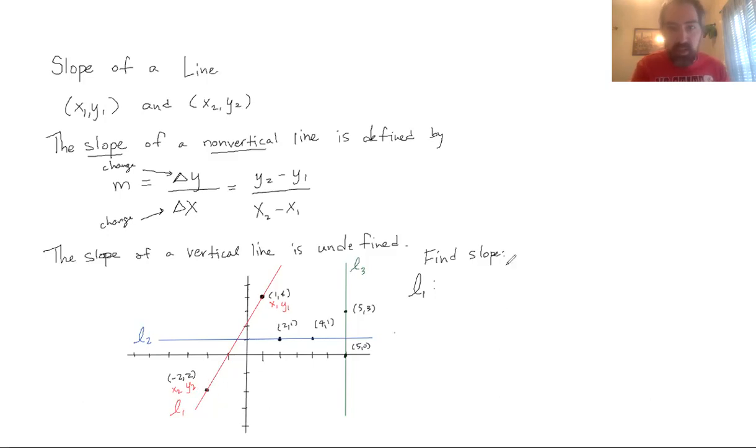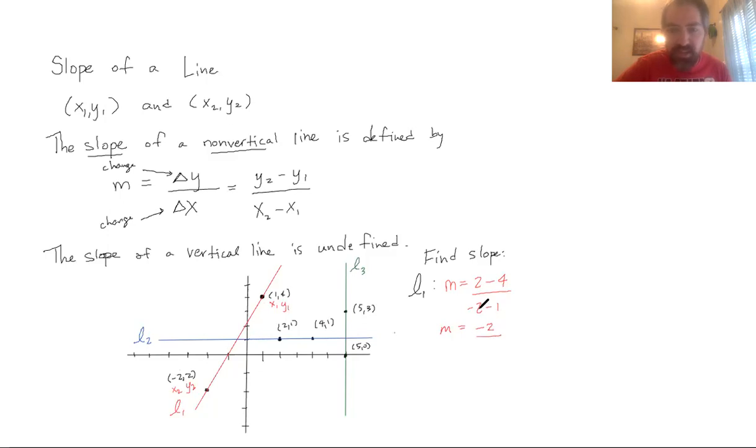All right, so the slope for L1, we'll take y2 minus y1, which is 2 minus 4, and we're dividing that by x2 minus x1, -2 minus 1. 2 minus 4 is -2.